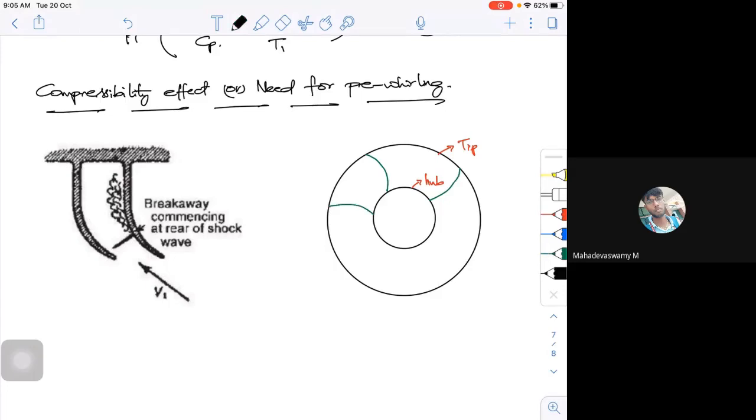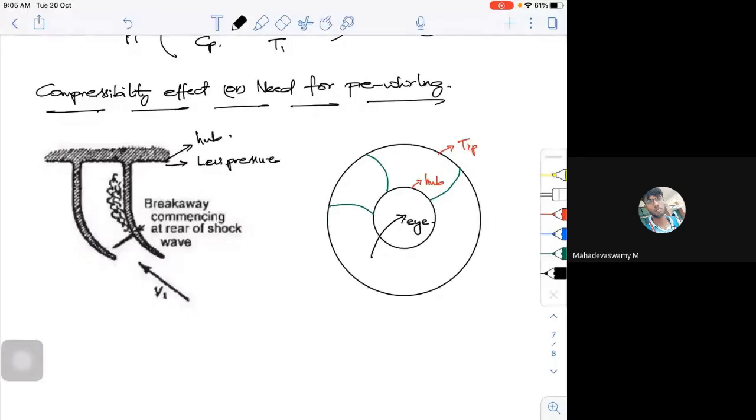The fluid is entering near the hub, which we call the eye of the impeller. Now, in this particular eye of the impeller, the pressure is very low. Here I may get a very low pressure.